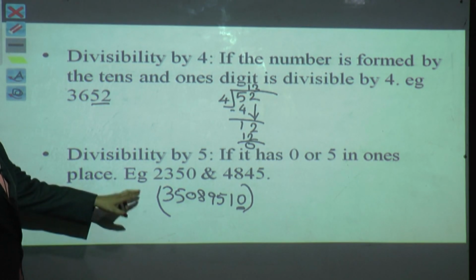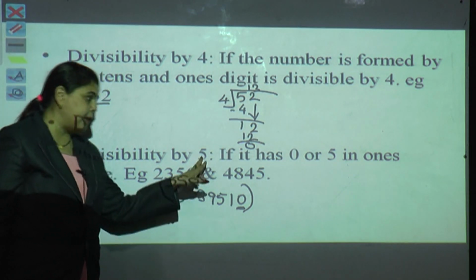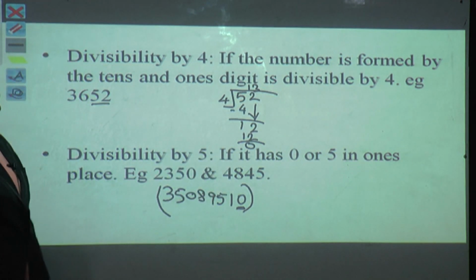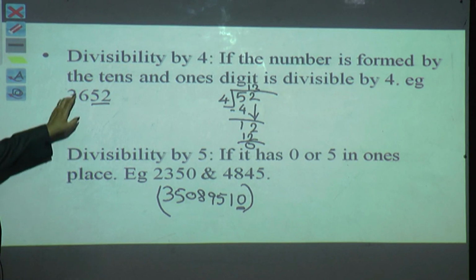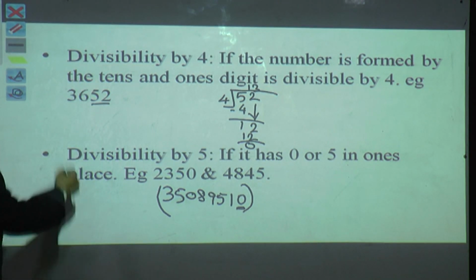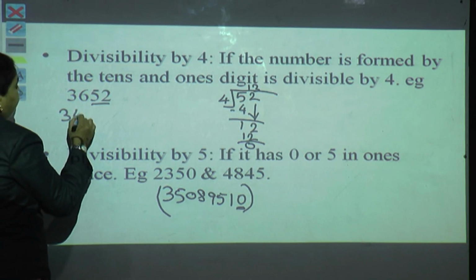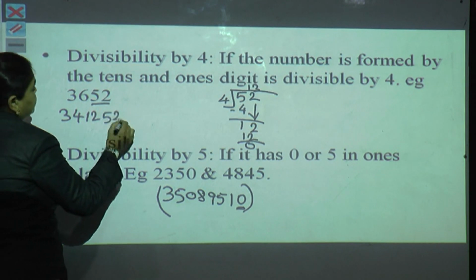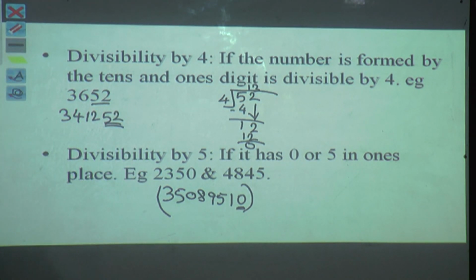So when you divide this large number by 5, the remainder will be 0. This is nothing but what we have learned. Divisibility of 4, the last 2 digits. Suppose the number is 34125, the last two digits should be practically divisible by 4.